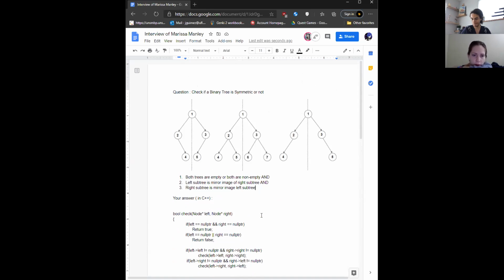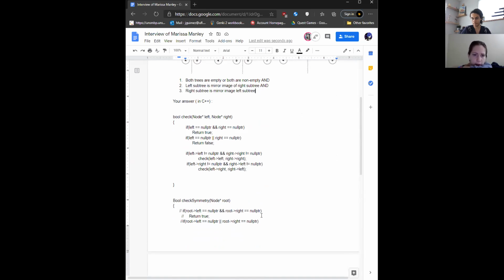So over here, actually, the first one's checked here. So I'm checking if left, because this is already broken up. Yeah, no, I'm keeping them separated. If left subtree left is not null pointer.